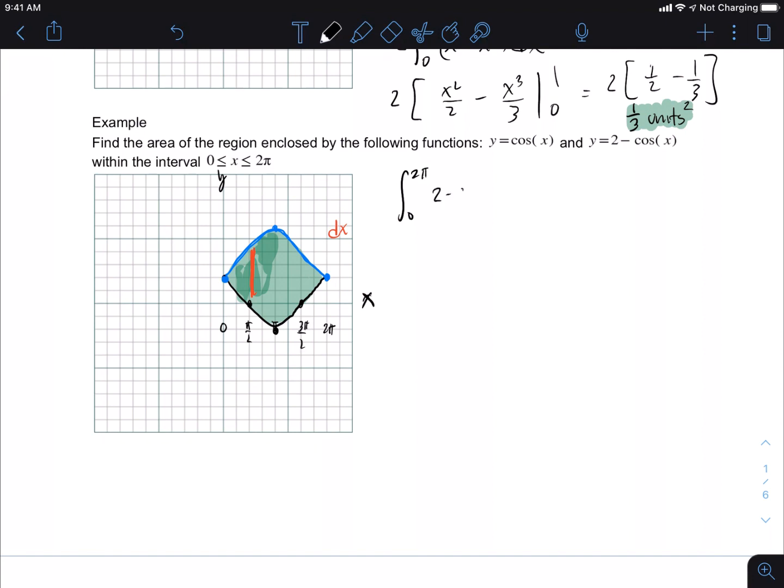So then 2 minus cosine of x minus cosine of x, all taken times dx, right? Okay, so again, 0 to 2 pi, I'm going to pull out a 2 again, and I'm going to get 1 minus cosine of x dx. Any questions on what I'm doing so far?